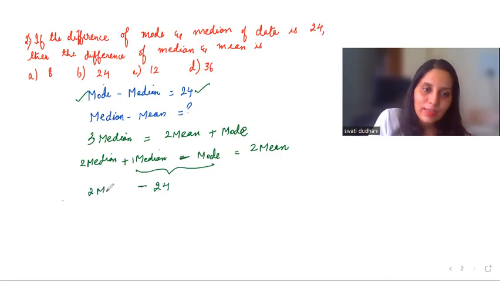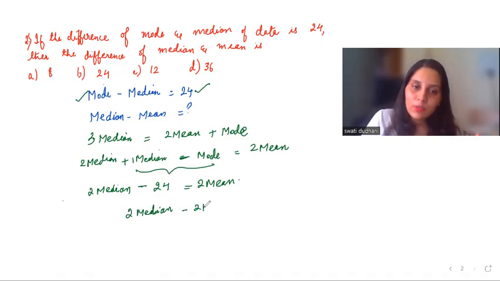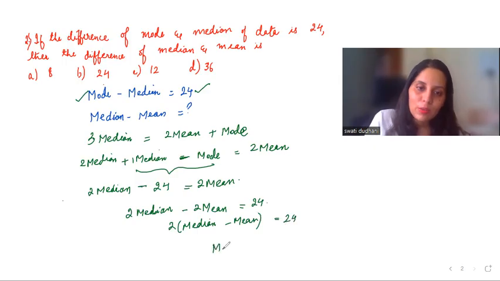The rest I'm going to write as it is, equal to 2 mean. All right. Now, 2 median, when I transpose minus 2 mean, is equal to 24. Here I can take out 2 common. Median minus mean is equal to 24 by 2, which is equal to 12.